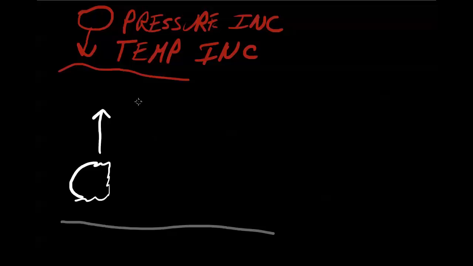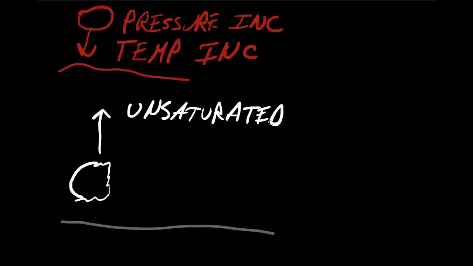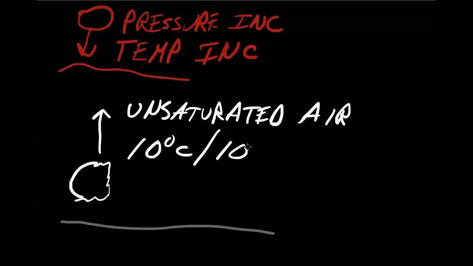And for unsaturated air, it decreases at a rate of 10 degrees Celsius per 1,000 meters. And so when air rises in the atmosphere, that's what ends up happening. For every 1,000 meters, it's going to drop 10 degrees.